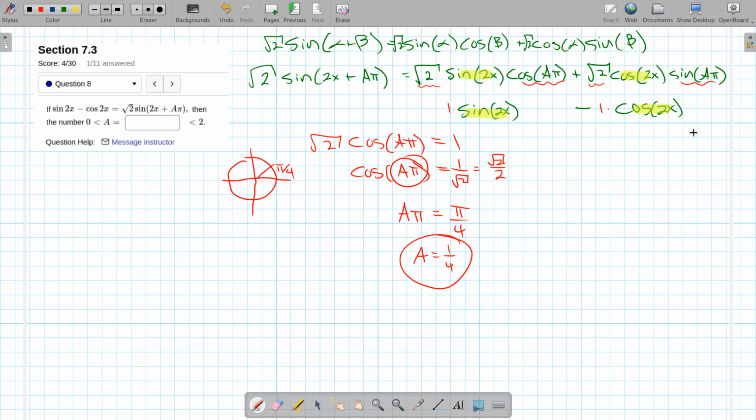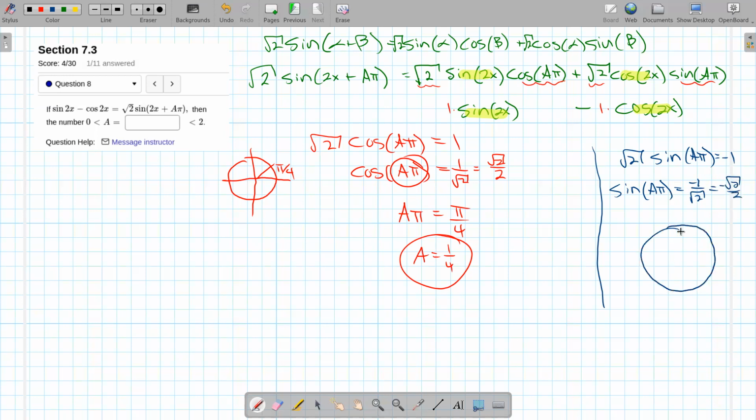All right, let's double check with this part over here to see if that is also in agreement. This over here said the square root of 2 times the sine of a pi should be -1 if I want these two things to match up. Dividing by the square root of 2, sine of a pi has to be -1 over the square root of 2, which is negative square root of 2 over 2.